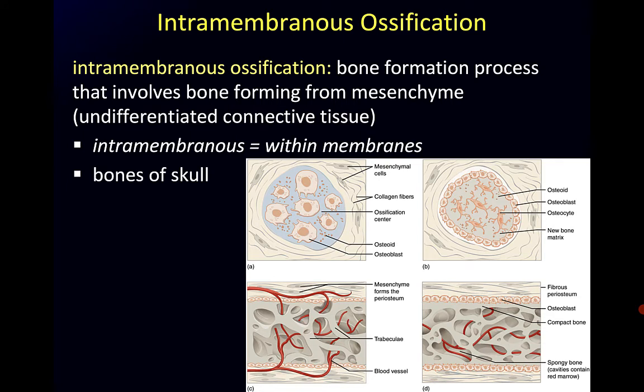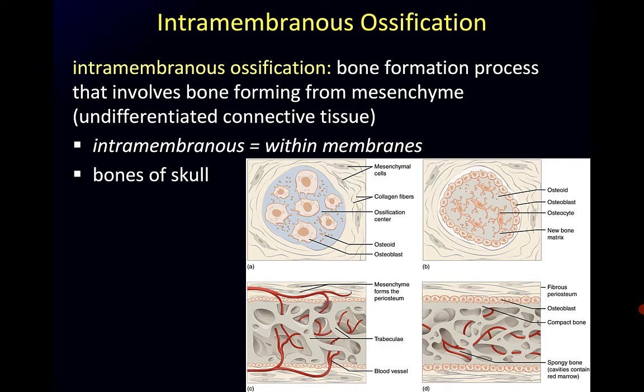All right, so bone forms in a couple of different ways, and we're briefly going to cover these. Intramembranous ossification and then endochondral ossification. So we want to think first, what exactly is this name trying to tell us? Intra means within. And membranous, obviously referring to membranes. Ossification just means bone formation.